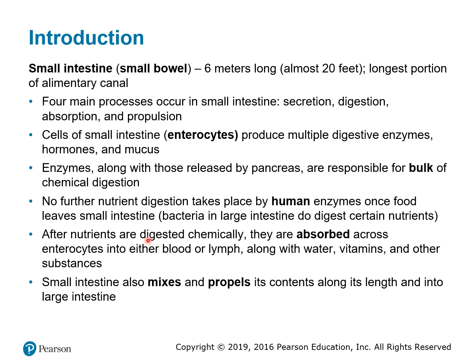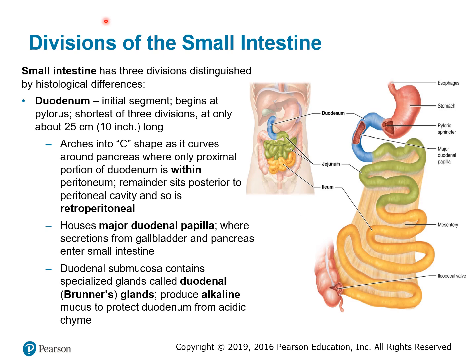So the small intestine is mainly going to mix, propel, and pass its contents along to the large intestine, which is connected to the small intestine. The small intestine has 3 divisions, distinguished based on their histological differences, meaning their tissue differences.